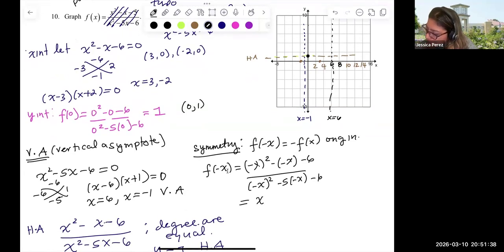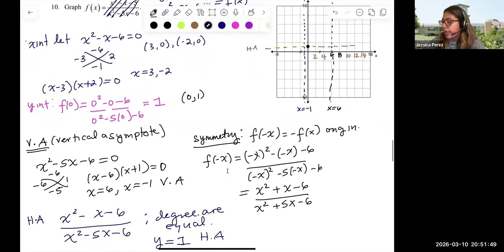Then this becomes a positive x squared plus x minus 6, which is equal to positive x squared plus 5x minus 6. So it's not equal, and it's not the negative of the previous one.